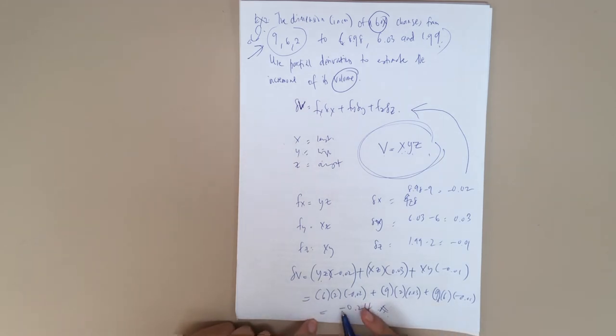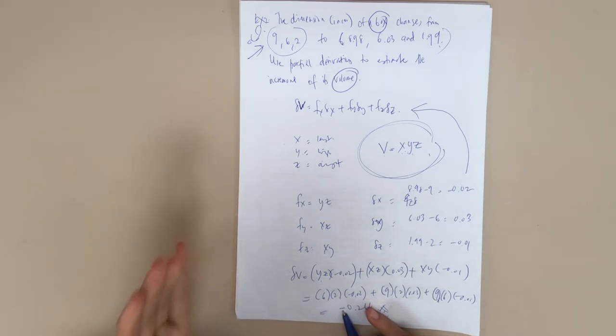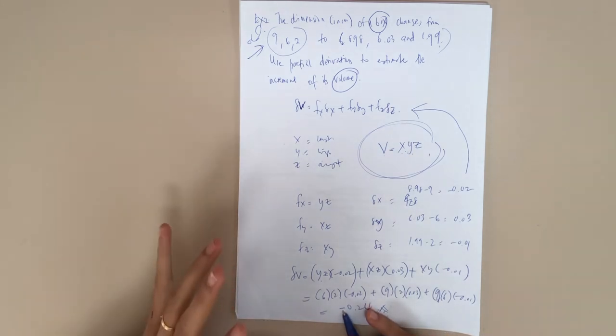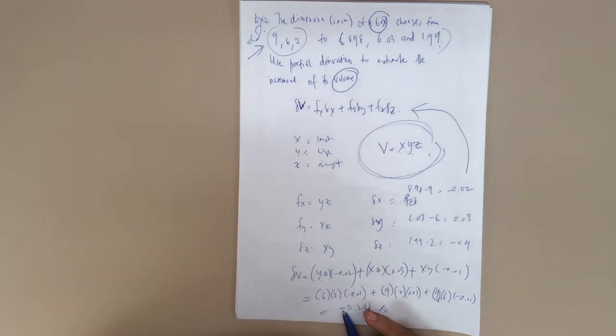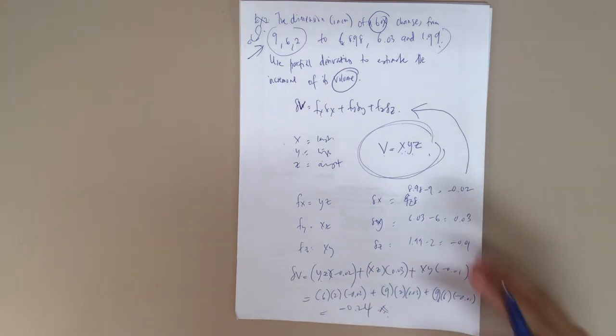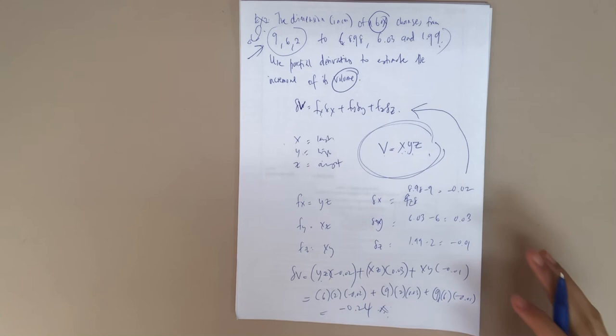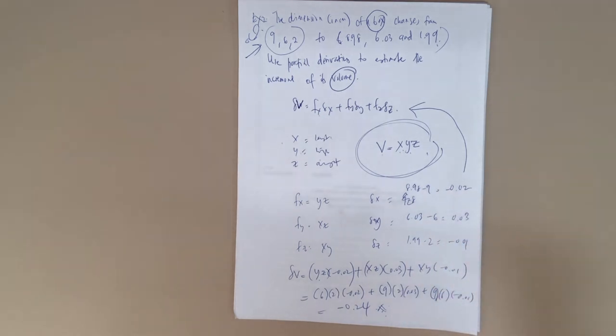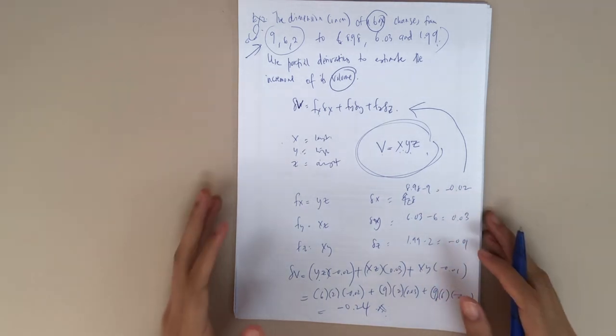Here you have a negative, which means it's reducing. So you can say that the negative value shows that the volume of the box is reduced. It's an extra thing. Some questions may ask you not just to calculate, but also the conclusion you can make from your answer.